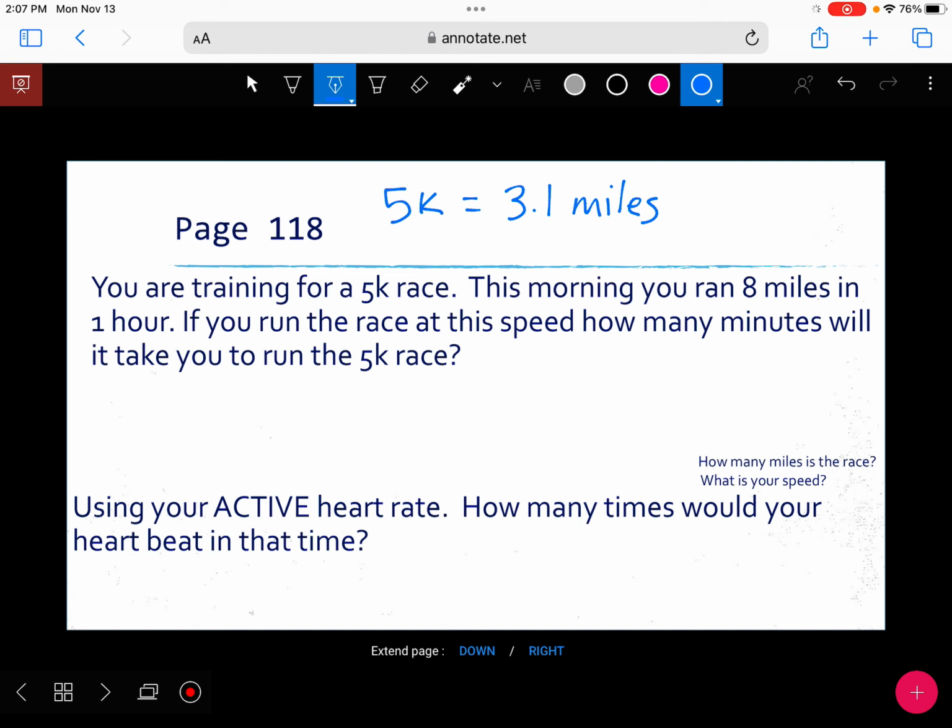If you ran 8 miles in 1 hour, and you use the same pace to do a 5K, how long would it take you, as specifically as you can?